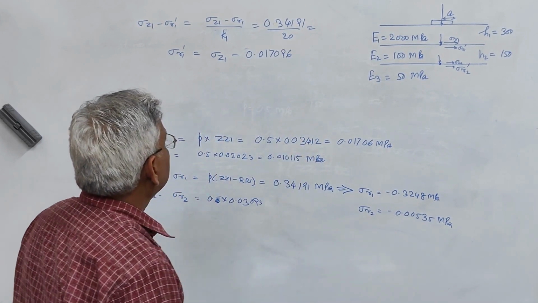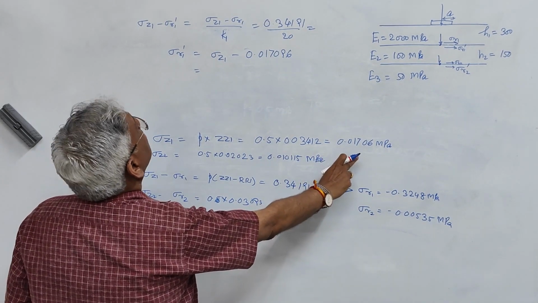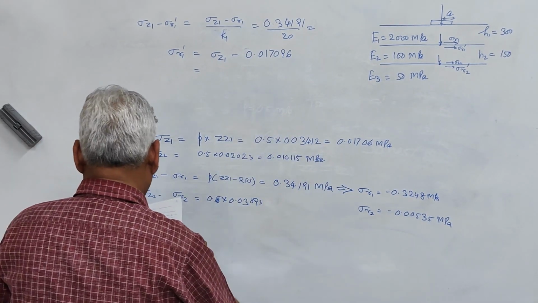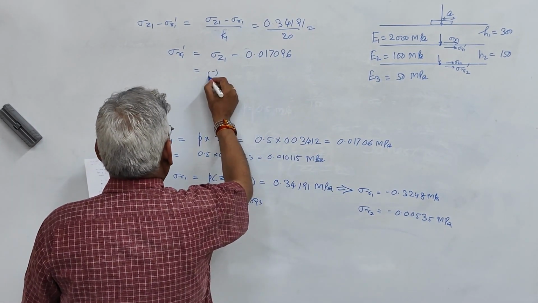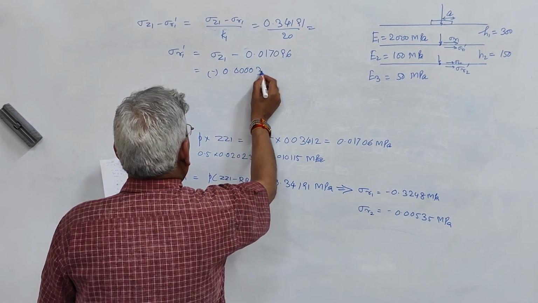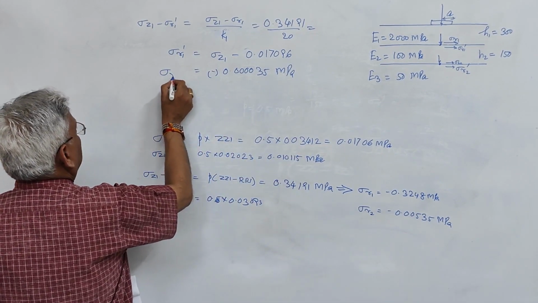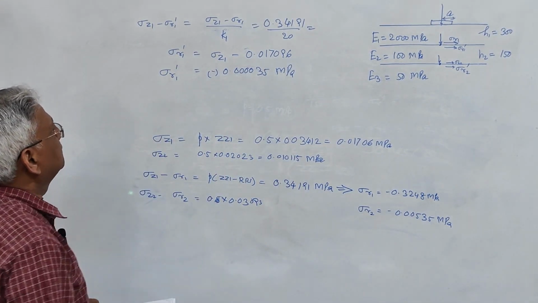Therefore, if you put sigma Z1 equal to 0.0106, it will be minus 0.000035 MPa. This is sigma R1 dash.